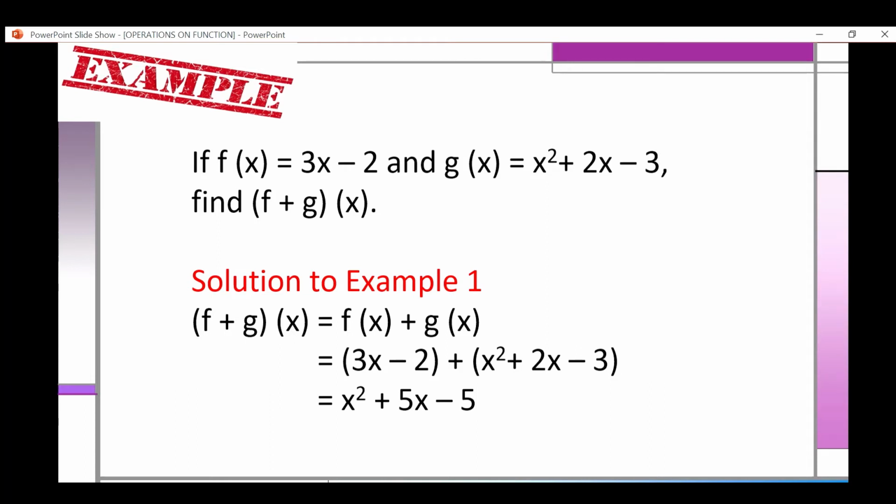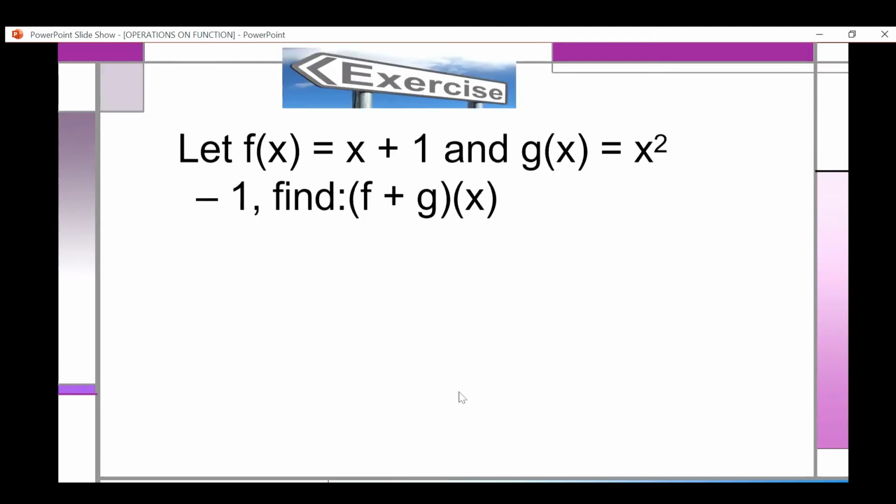Okay, did we get the addition of functions? Okay, try this one. Pause the video first, then answer it on a sheet of paper or in your notebook. Then later, I will reveal the answer. So, this is the problem.